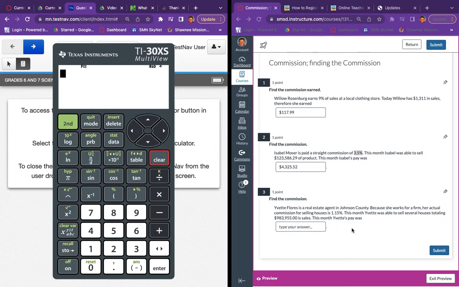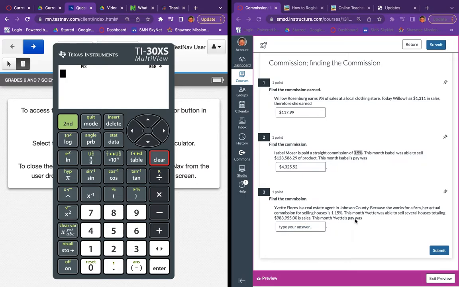Okay. Number 3 says that Yvette Flores is a real estate agent in Johnson County. Because she works for a firm, her actual commission for selling a house is 1.15%. This month, Yvette was able to sell several houses totaling $983,955.00 in sales.